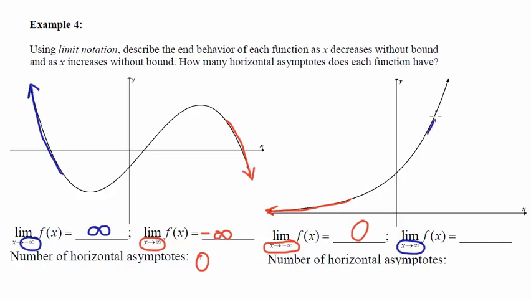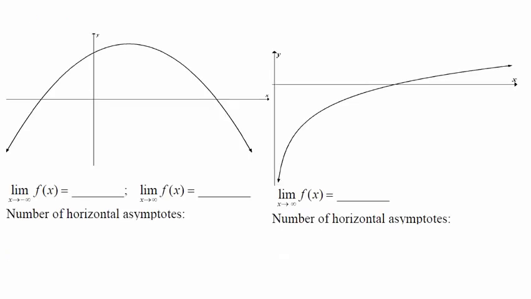When I go to the right, I'm going up, so that would be positive infinity. In this next example, again, underneath the limit, this is saying left, so when I go to the left, I'm going down, so that would be negative infinity.